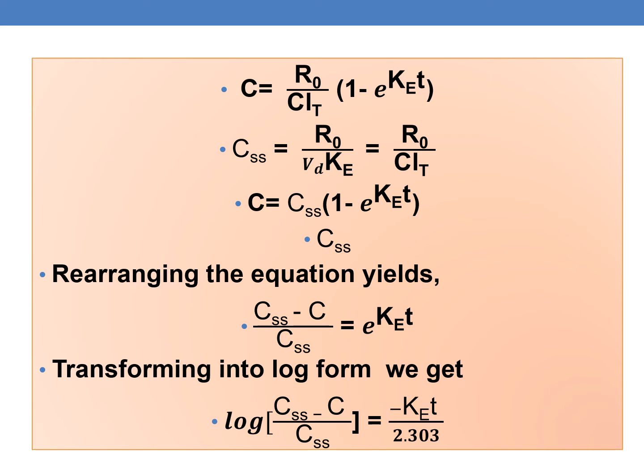By rearranging the equation, we get Css minus C by Css is equal to e to the power of minus Ket. And transforming into log form, we get log of Css minus C by Css is equal to minus Ket by 2.303.